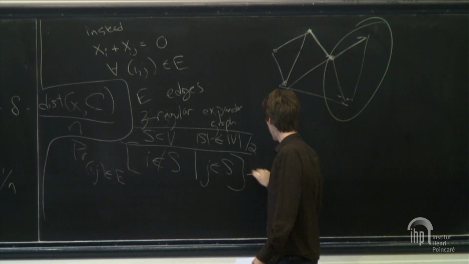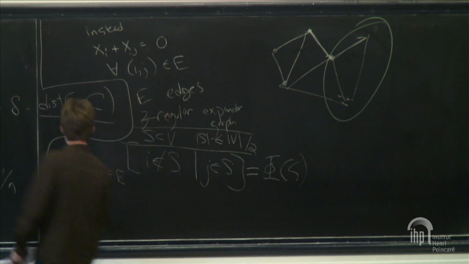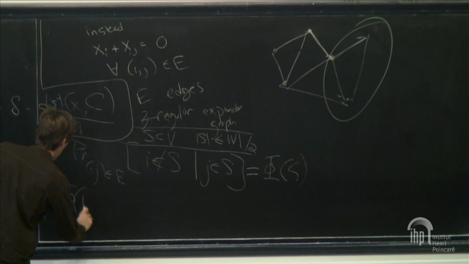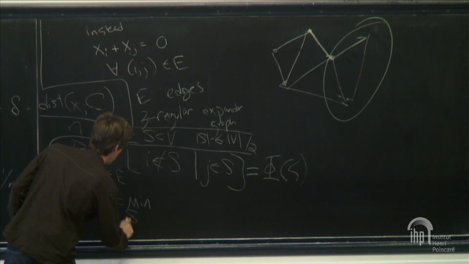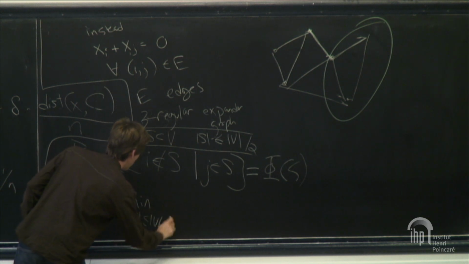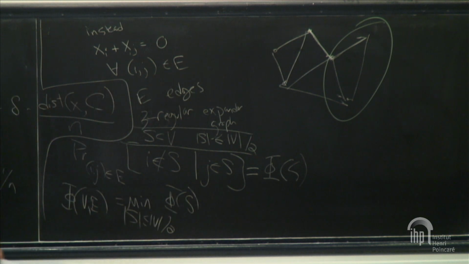So this is called the expansion of a set S. And the expansion of the entire graph is the minimum expansion of any set of at most half of the vertices.